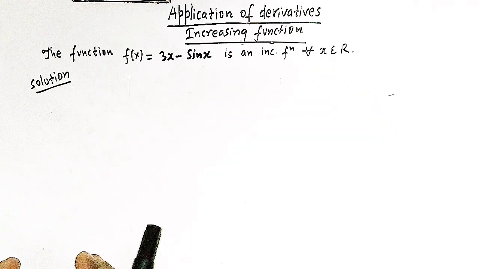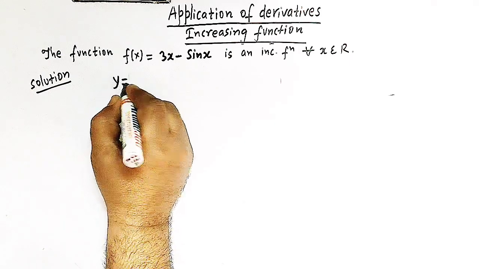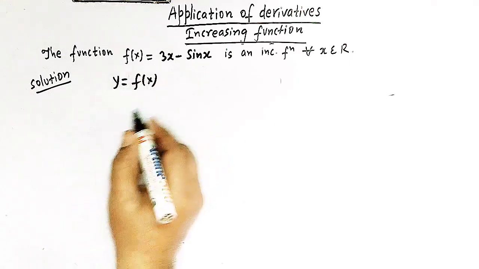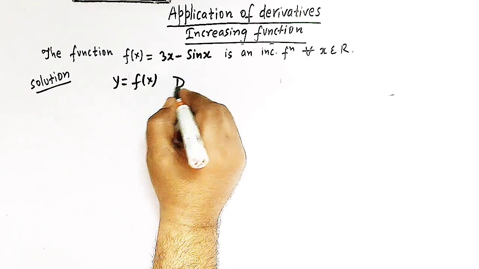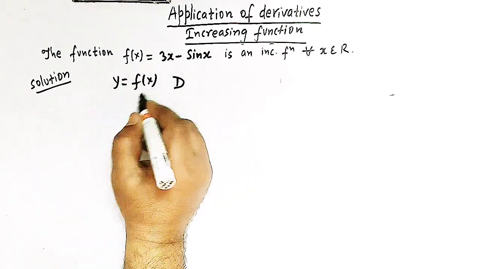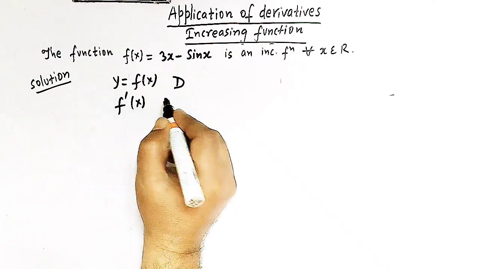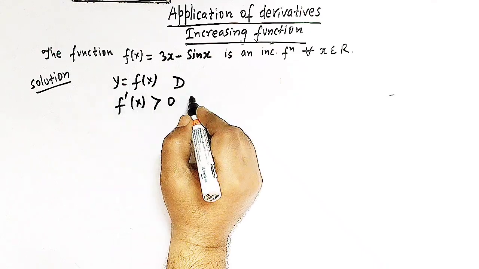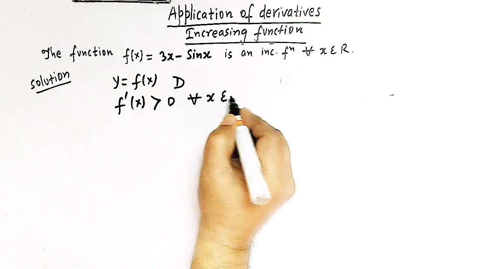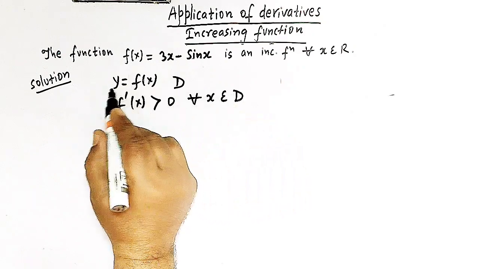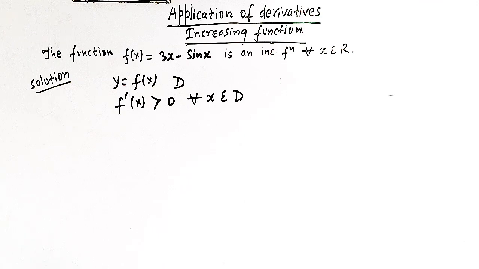So before solving this problem, let us first quickly see the definition of increasing function in terms of derivative. Suppose we have a function, say y is equal to f of x, which is defined in some domain D, right? And if the derivative of this function, that is f prime of x, is greater than 0 for all x belonging to the domain, then the function y is equal to f of x is said to be an increasing function.